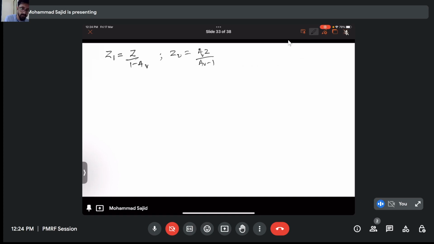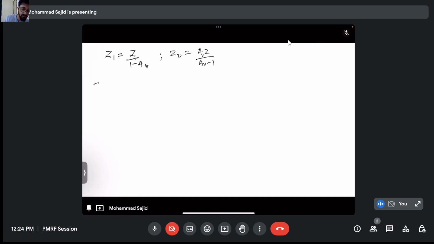And if it is a capacitance, for example CF, then it can be written as input.